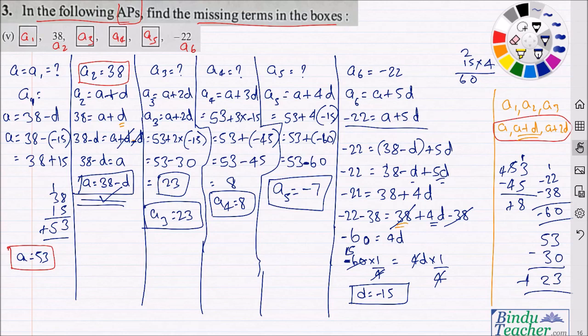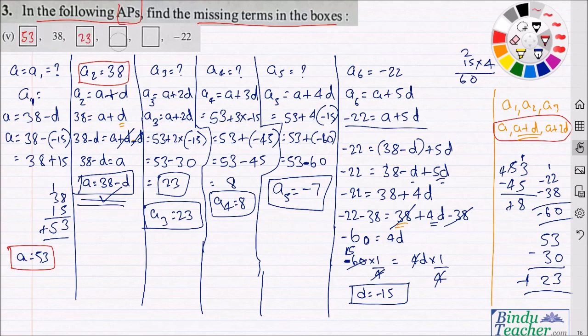So let's use this to fill in the blanks here in the question. So we'll write the answer here. The value of a is 53. The value of a2 is 38. The value of a3 is 23.